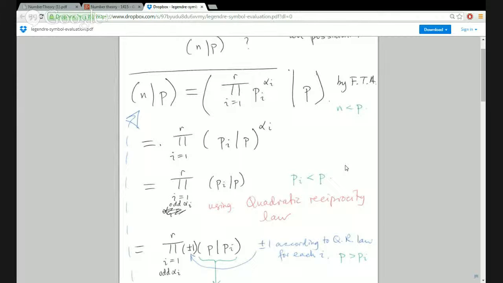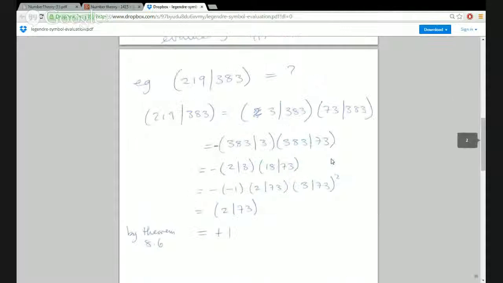So pretty soon, they'll get so small that we can just evaluate them because the arguments are trivial and some known results. In a moment, we're going to settle the question about what the value of 2 mod P is for any P. And later on, we can see what 3 mod P is for any P. So using these properties, we kind of drive the arguments down until they get so small that we're able to evaluate them.